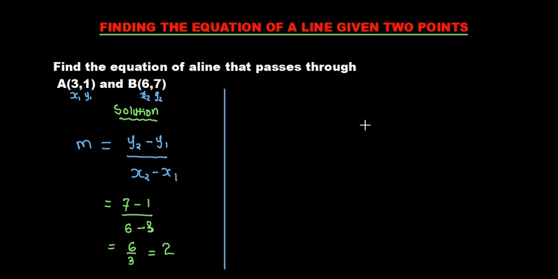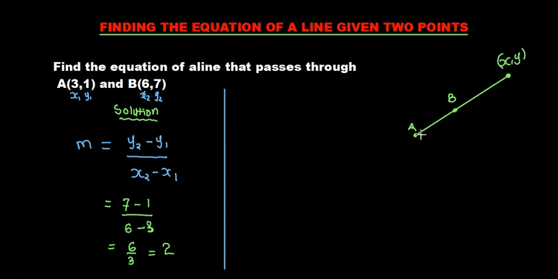I want you to note that our straight line passes through a point A and another point B. Also, it passes through a general point XY. There are many points along this line, so we can call this one XY.